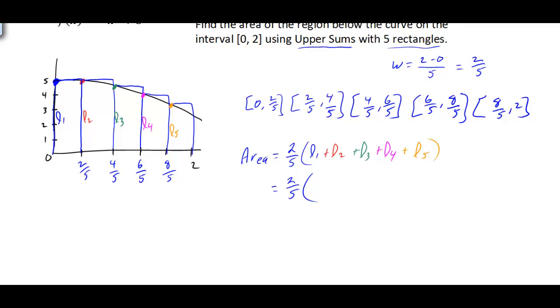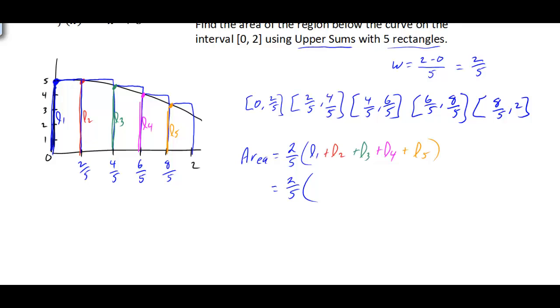So at 0, you're going to get this first rectangle here, and then at 2/5 we're going to get the second rectangle, and at 4/5 we're going to get the third rectangle, and at 6/5 we're going to get the length here of the fourth rectangle, and at 8/5 we're going to calculate here the length of the fifth rectangle.